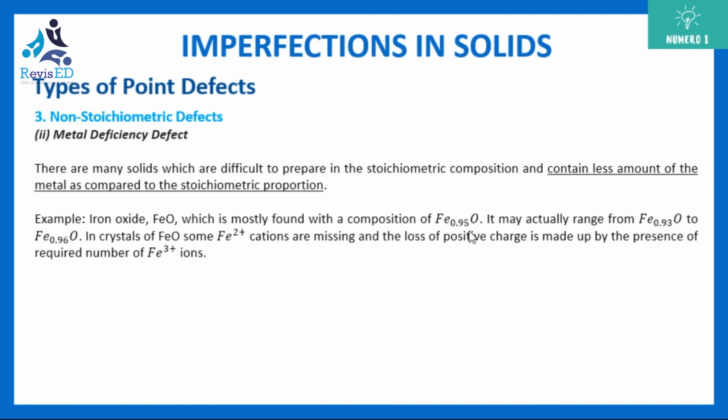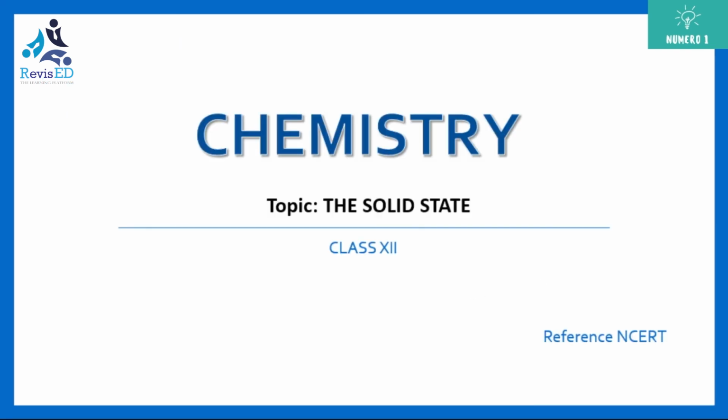So we get a composition, for example, Fe0.950O. The range may actually be from Fe0.930 to 0.960, but on average we are writing it like this. This is happening because some of the Fe2+ ions are missing, and the loss of the positive charge is made up by the presence of the required number of Fe3+ ions. So that's it for this part.